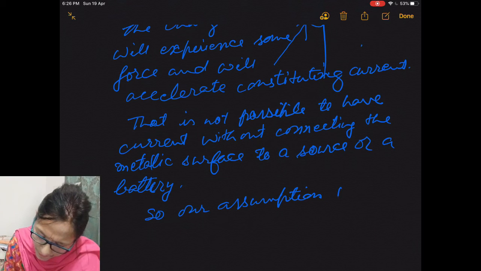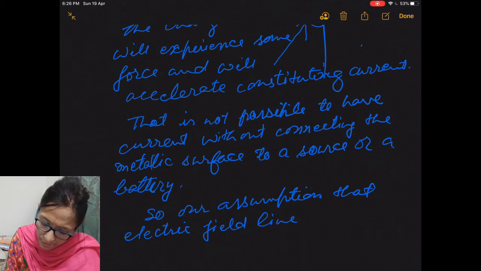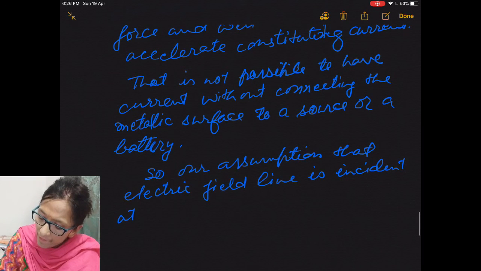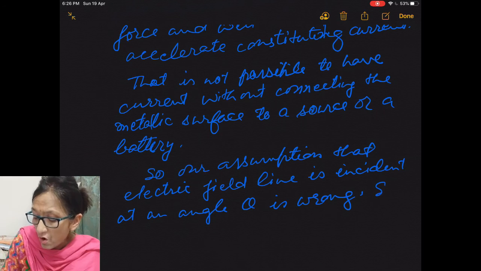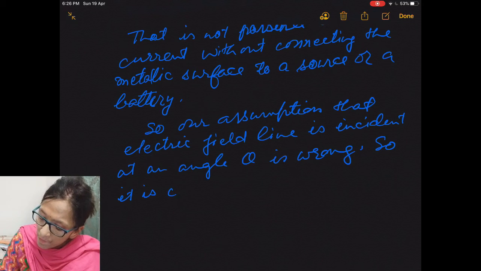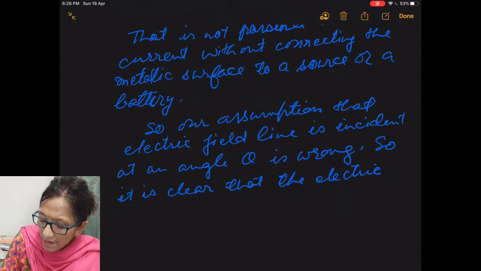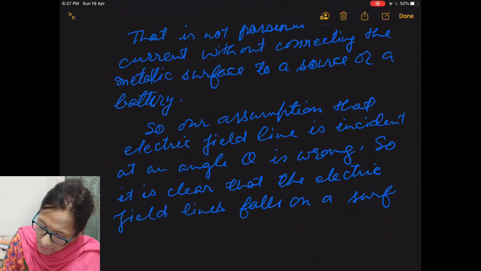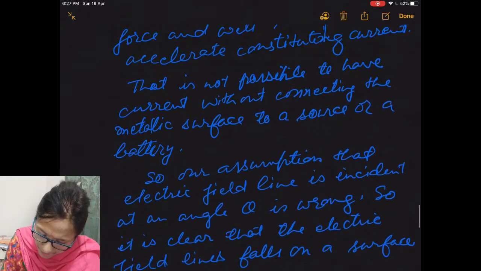Our assumption that the electric field line is incident at an angle theta is wrong, and so it is clear that the electric field lines fall on a surface perpendicularly. Okay.